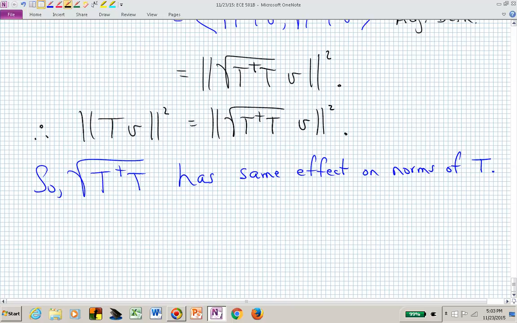So if T is now split into two pieces, with one being an isometry and one being the square root of T dagger T, the isometry is not going to change the norm.